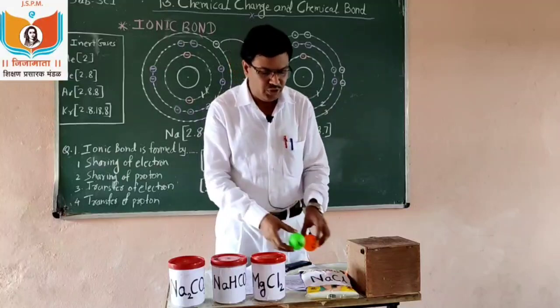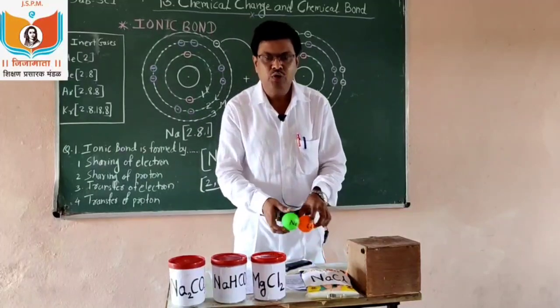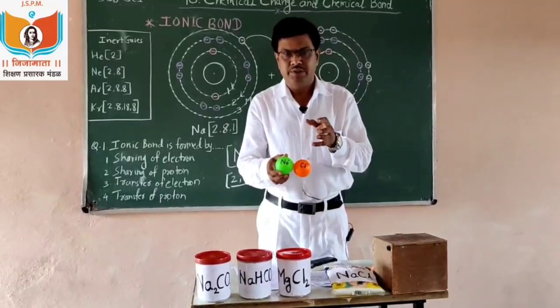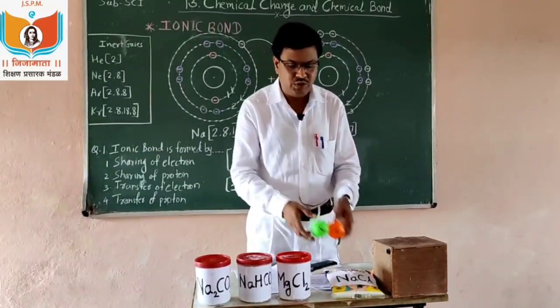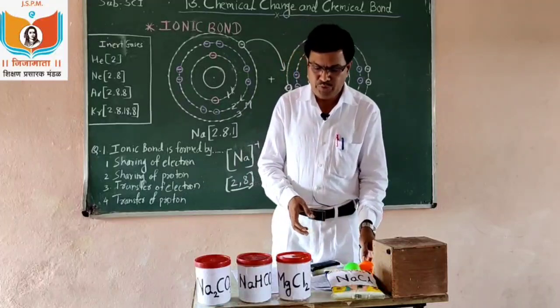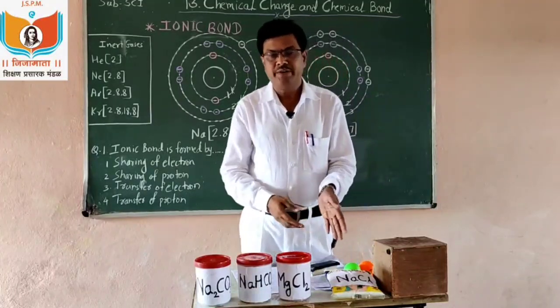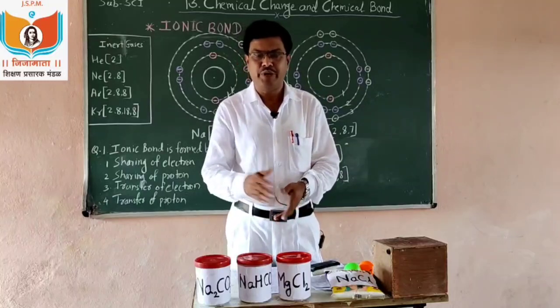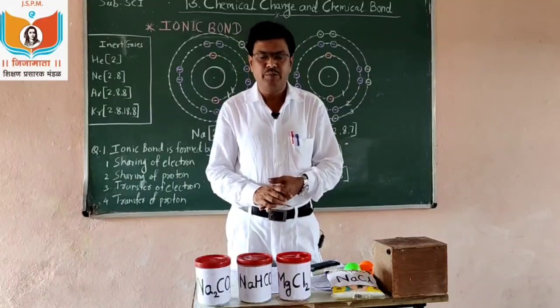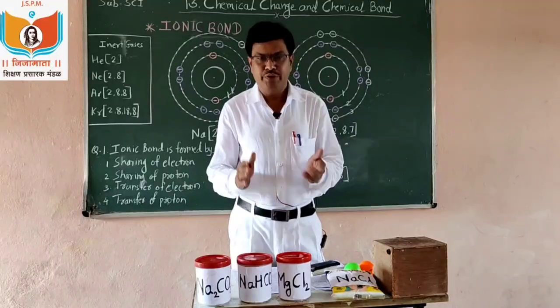There are many examples of electrovalent compounds. Such compounds which are formed by the ionic bond are called ionic compounds. Sodium chloride, then sodium bicarbonate, sodium carbonate. These are examples of some ionic compounds.